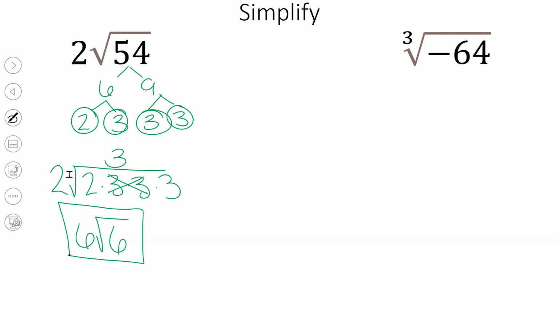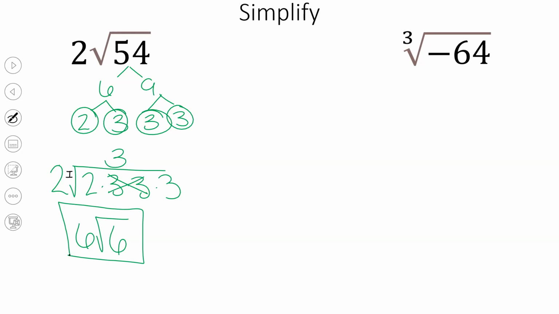It has a negative and the index is a 3. Okay. So first of all, let's talk about this negative. Does this negative turn into an i, or does that negative come outside? Why does it come outside, Jerry?